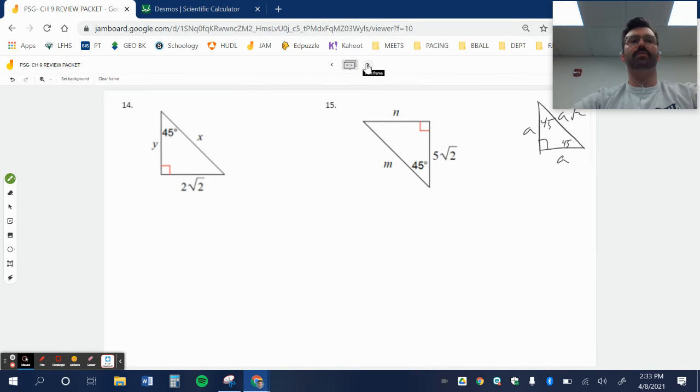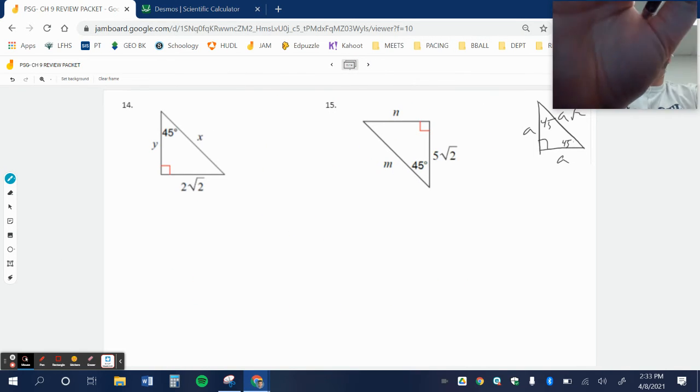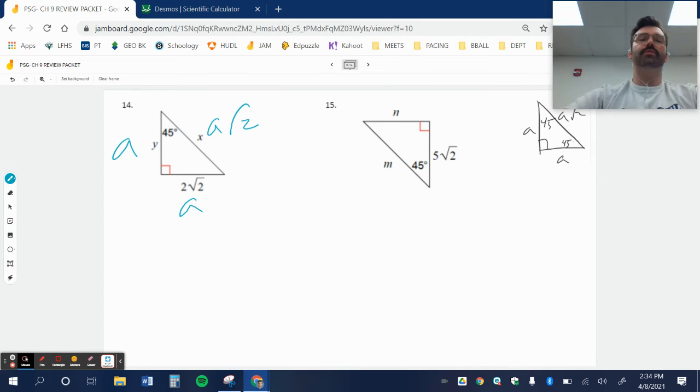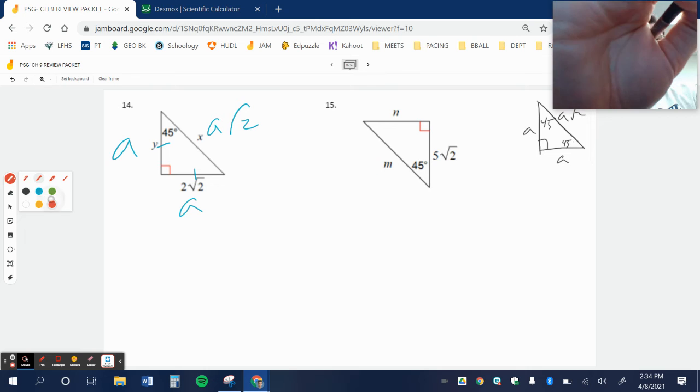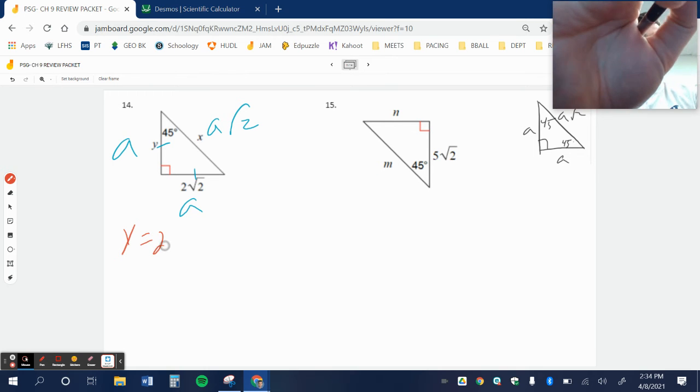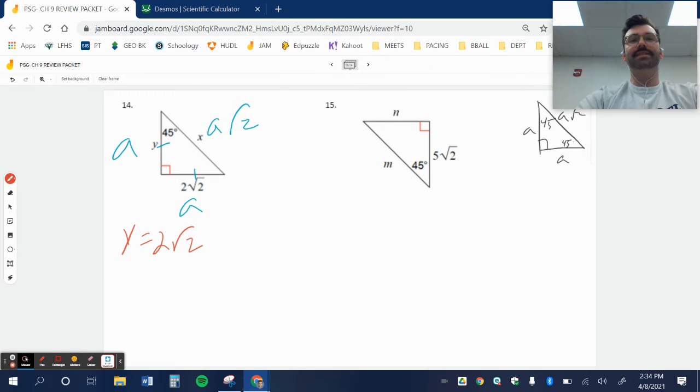Okay. This one is a little bit different, but it's the same special right triangle again. All right. You'll notice that our A value now is 2 radical 2. So that means that this side is 2 radical 2 and our Y is also 2 radical 2. But our X value, so our hypotenuse, is A times radical 2.